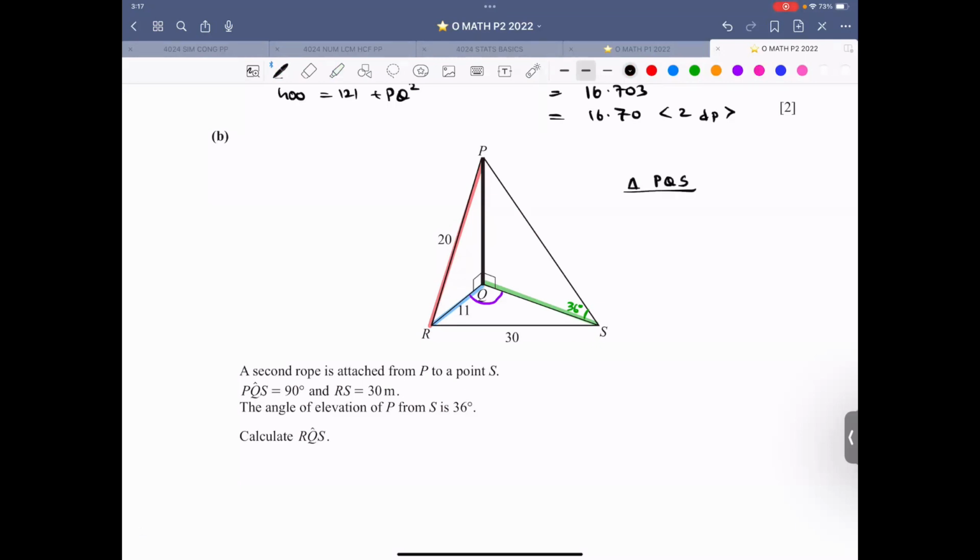And tangent of 36 degrees is 16.703, that is PQ by the way, divided by QS. So QS is 16.703 divided by tangent of 36 degrees. And this value comes out to be 22.99. That is QS. That is the green thing that we found.